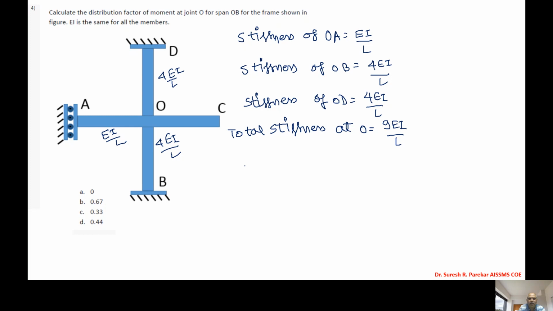And we are interested to find the distribution factor for OB.